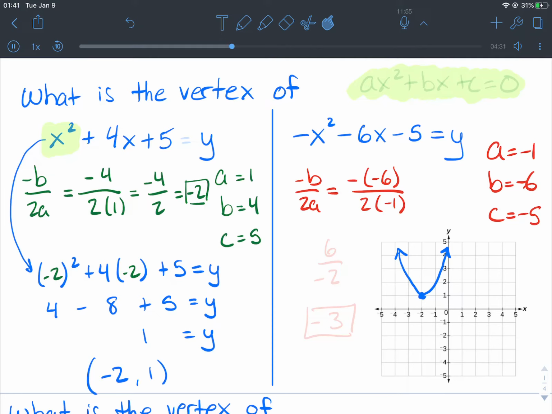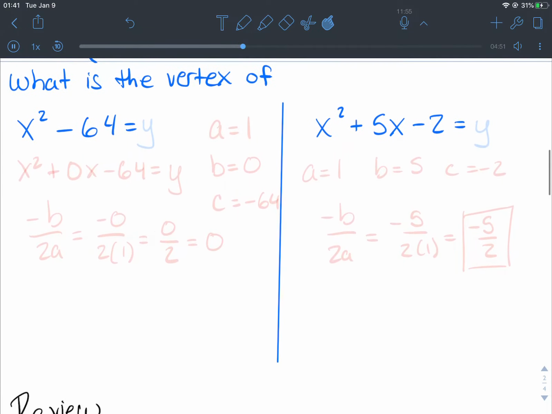So minus a negative becomes a positive 6, and then 2 times negative 1 is negative 2, which eventually becomes negative 3. That is your answer. That is your vertex. Moving on.